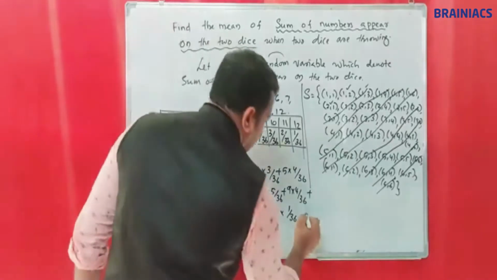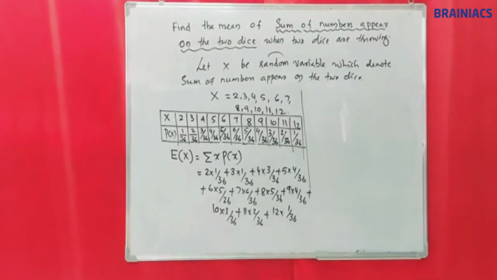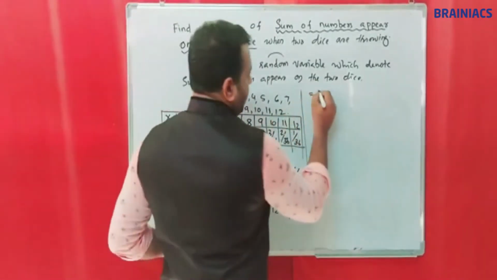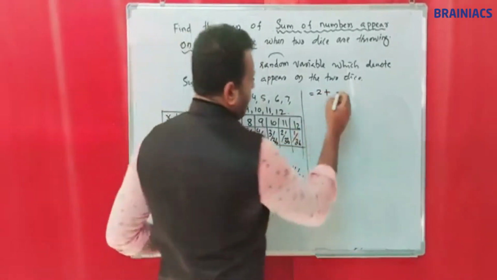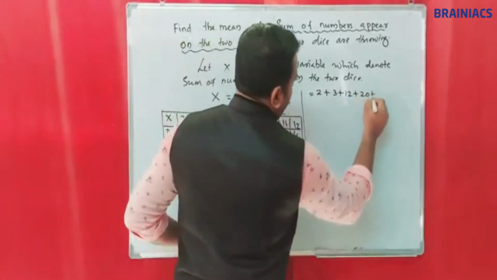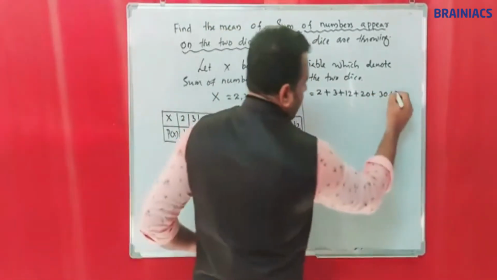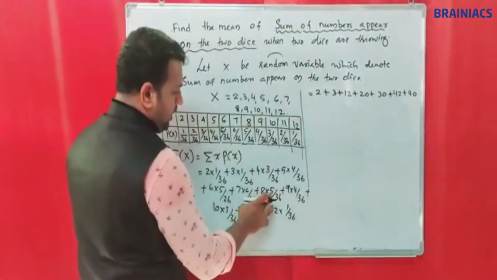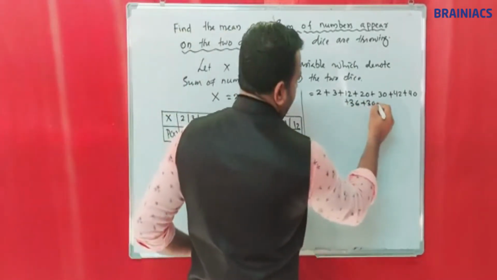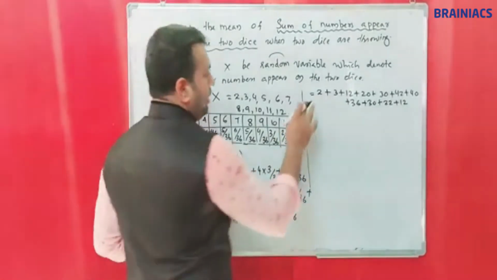We get the result: 2 into 1 means 2, plus 3 into 2 means 6, and 4 into 3 is 12, and 5 into 4 is 20, and 6 into 5 is 30, and 7 into 6 is 42, and 8 into 5 is 40, and 9 into 4 is 36, and 10 into 3 is 30, and 11 into 2 is 22, again 12 into 1 is 12.